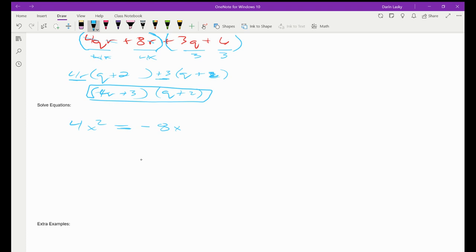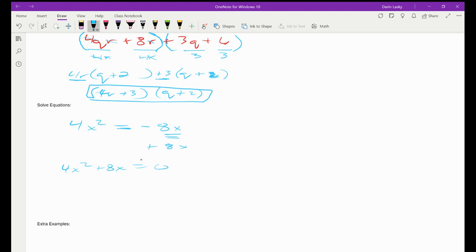So what we have to do with this one is move this negative 8x to the other side. So I'm going to add 8x to both sides, and we get 4x squared plus 8x equals, those cancel, 0.